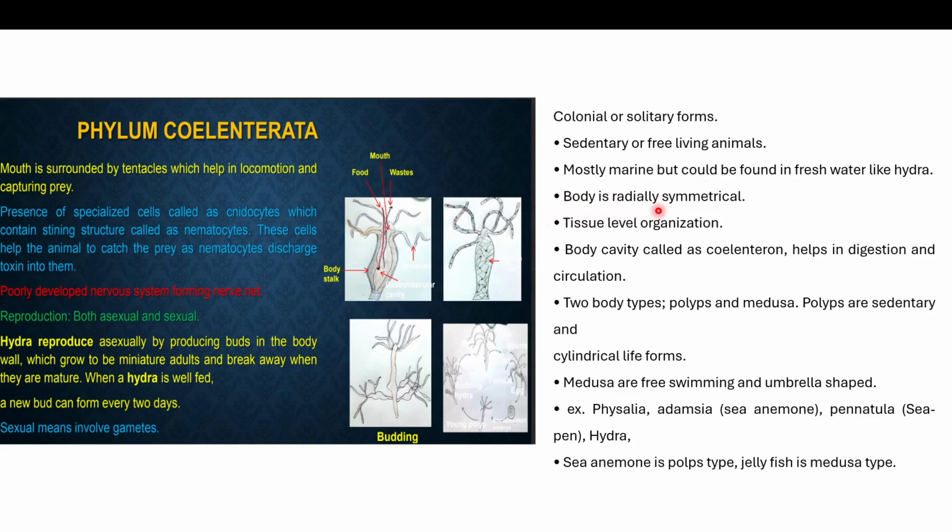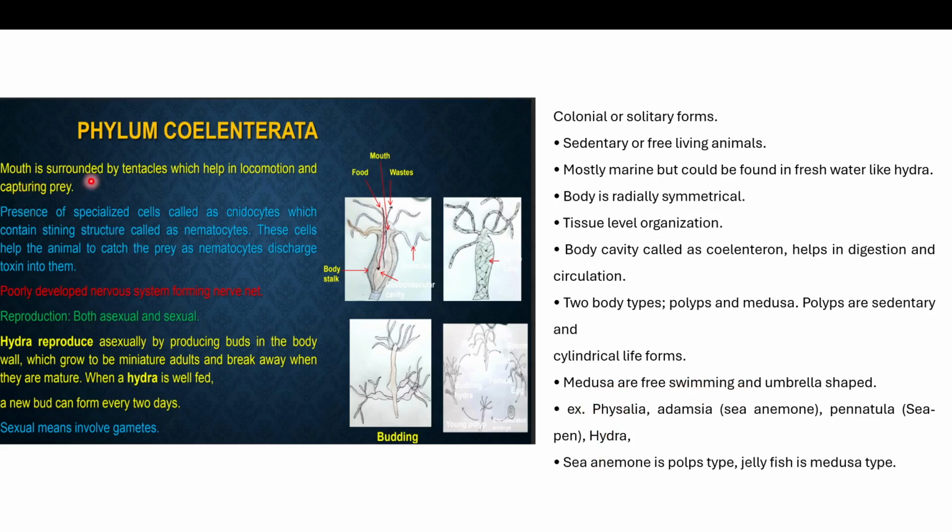Body is radially symmetrical, they show tissue level of body organization, and the body cavity is called coelenteron, which helps in digestion and circulation. There are two body types, polyps and medusa. Polyps are sedentary and cylindrical life forms, whereas medusa are free floating, free swimming, and umbrella shaped life forms.